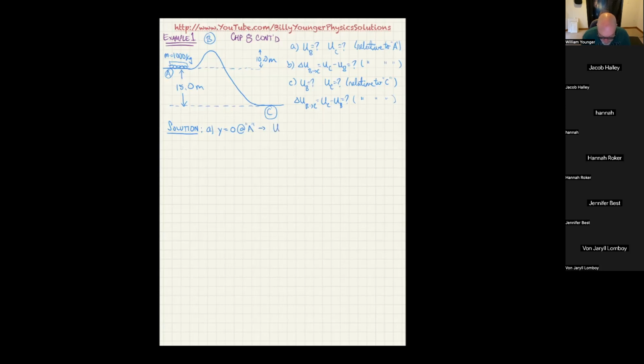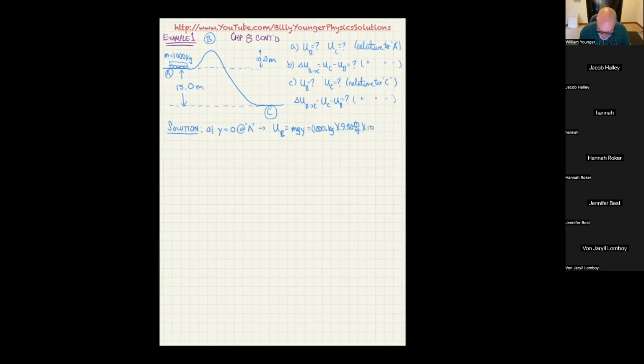That means U of B is equal to, as always, mgy, but that's going to be 1,000 dot, there's the dot I told you about to make sure we can have 4 sig figs, times 9.80 meters per second every second. Remember, that's also meters per second squared, but I like to say it as meters per second. And then the height of location B above A is just 10 meters.